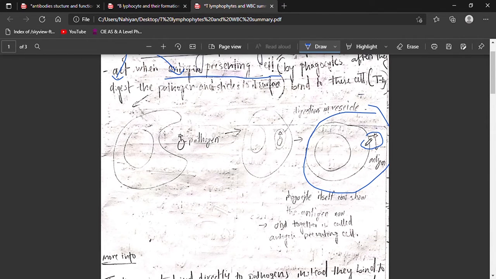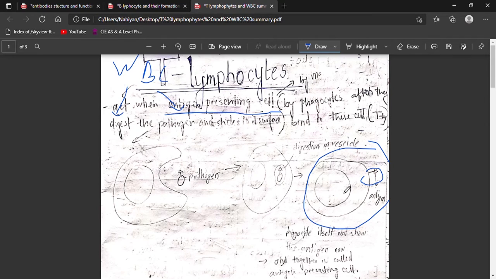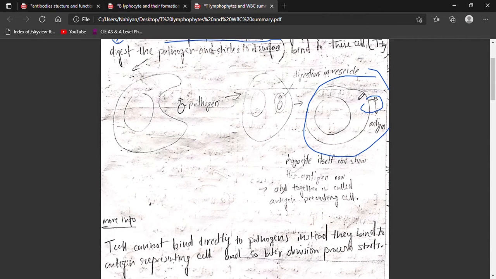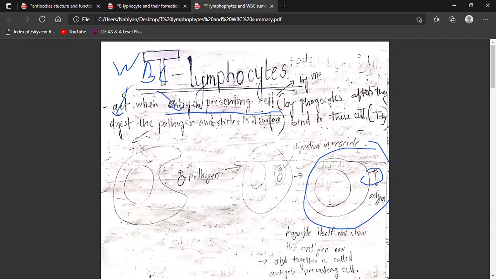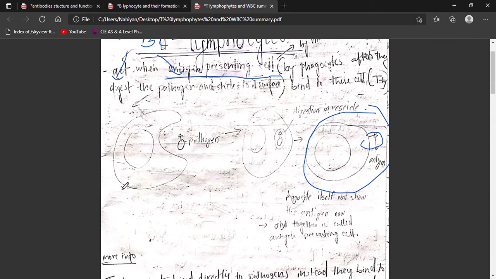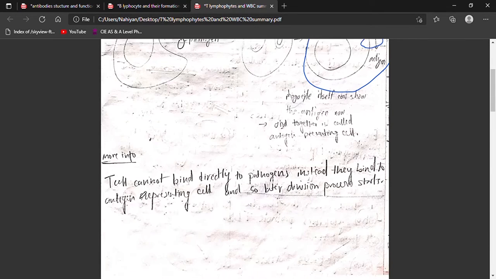At this point the phagocyte, acting as an antigen presenting cell, has already killed the pathogen. To make the process faster and to help the phagocytes, this triggers the T lymphocytes to be produced.